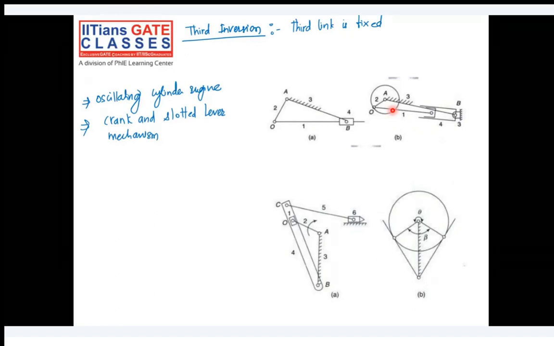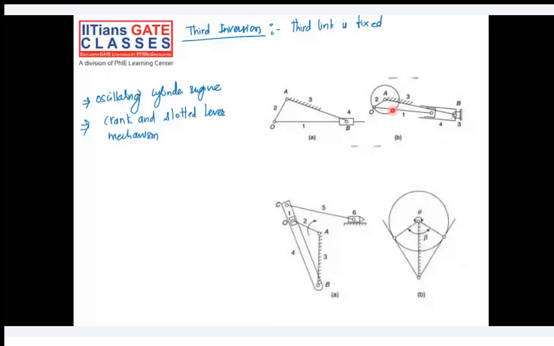We are fixing the fourth link. Indirectly, what we are doing is fixing the fourth link, which means the slider. So assume this is your fixed fourth link, which is the slider, but we are extending our slider and giving the shape of a hollow cylinder to it. So this is a part of the slider, part of the fourth link.